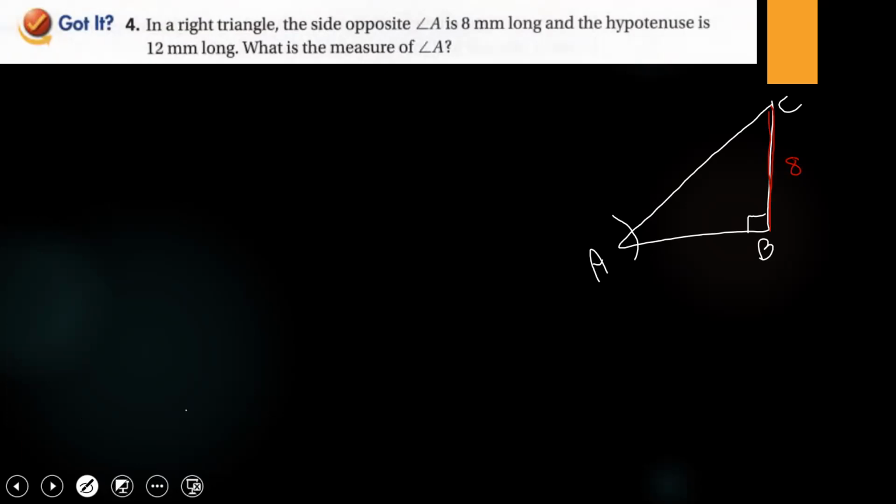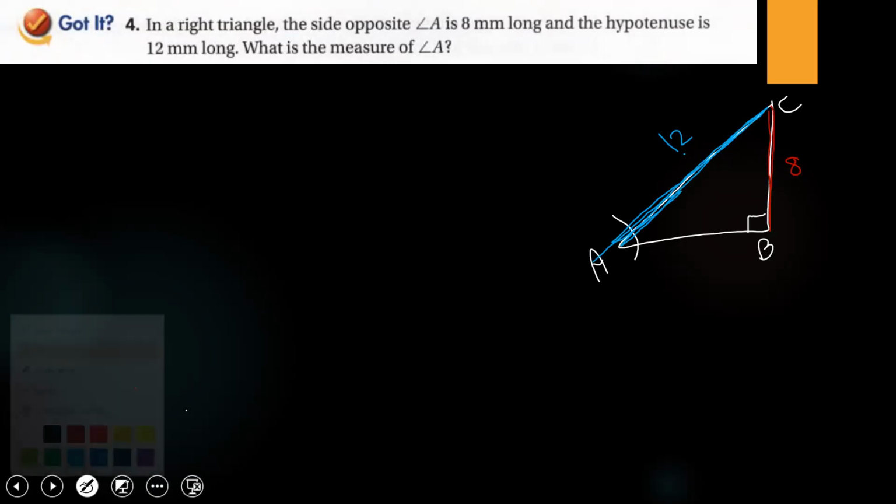AC. AC, bravo. The measure of the hypotenuse here is 12. Now, what do I need? I need to find the measure of the angles.